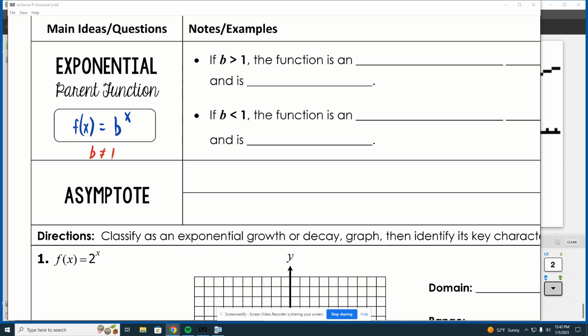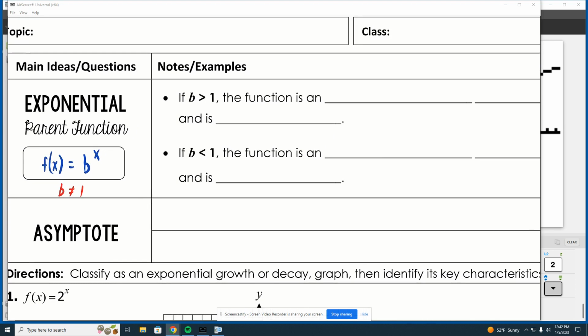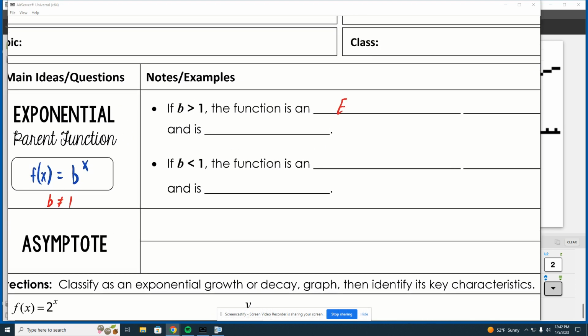So even if we had 1 to any x variable, it's not going to actually be exponential. So that means that your base could be one of two things. It could either be greater than 1, or it could be less than 1. If it's greater than 1, it's going to have what we call exponential growth.